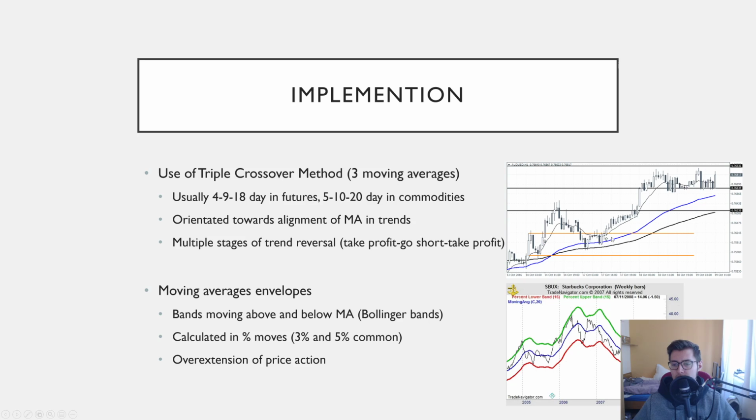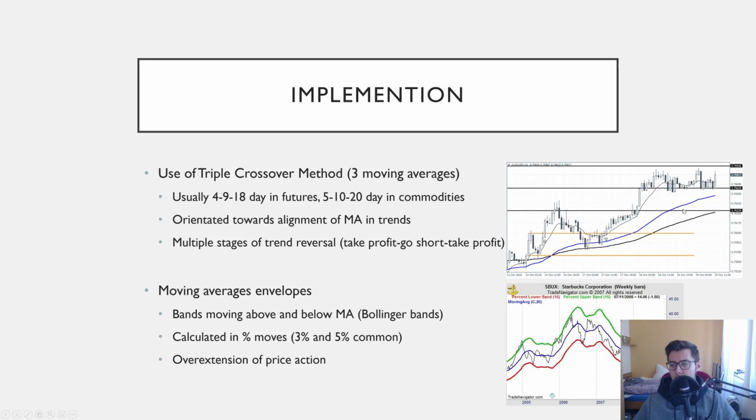And if you went long right here and price stayed above the moving average, you kept your long position. But as soon as price breaks or consolidates on a moving average, you could then take profit. And as soon as price moves below the second one, you could then maybe enter a short trade, and as it comes up to the third one, you could then maybe even take profit on your short trade.